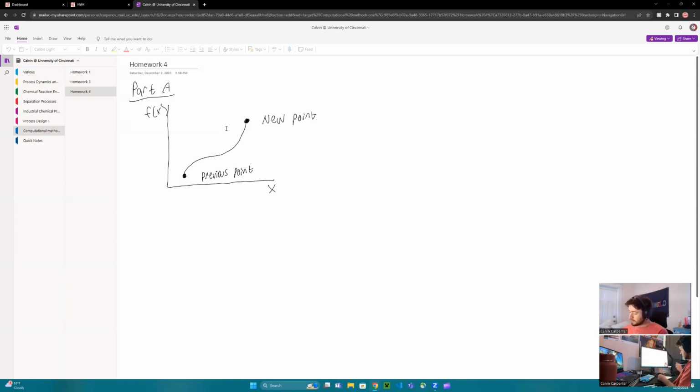So this previous point is going to be labeled as x of k and f of k. And the new point can be labeled as x of k plus 1, f of k plus 1.